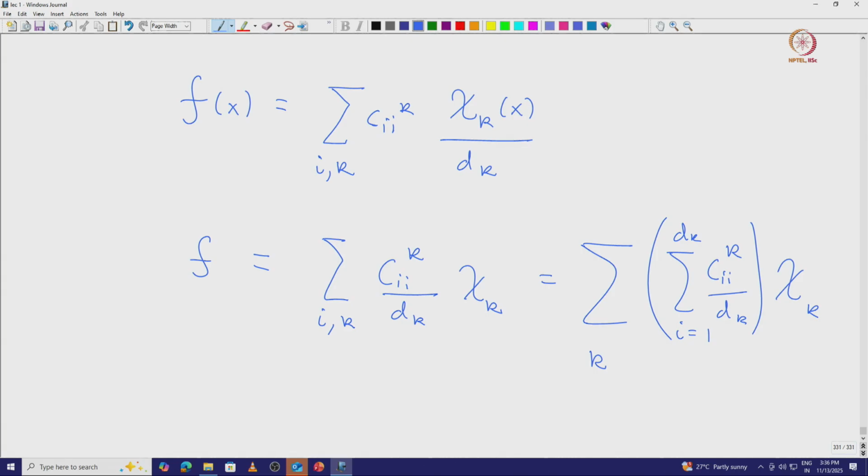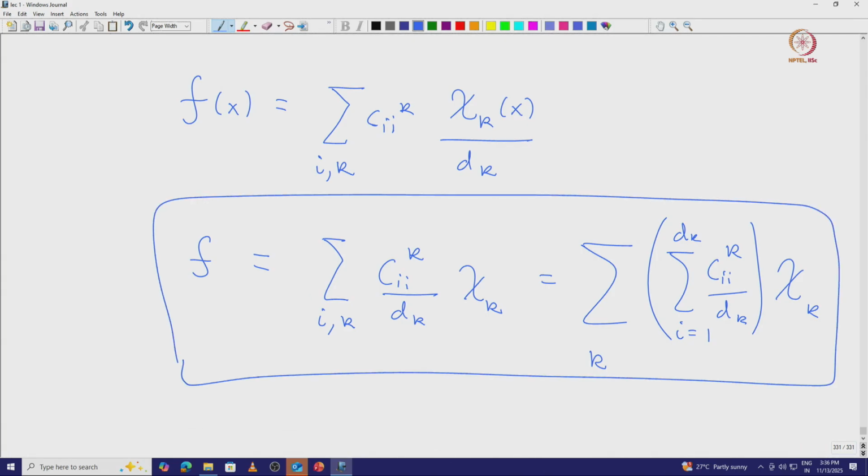From this it is clear that f can be written as a linear combination of the irreducible characters chi_k.